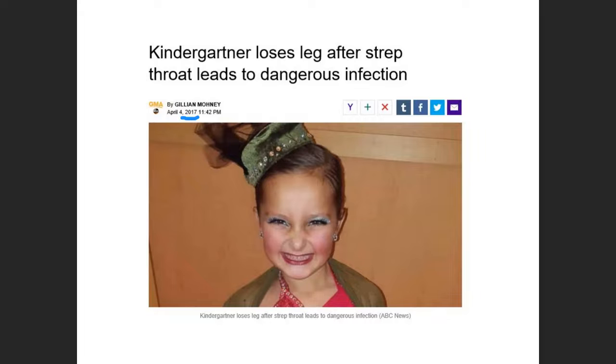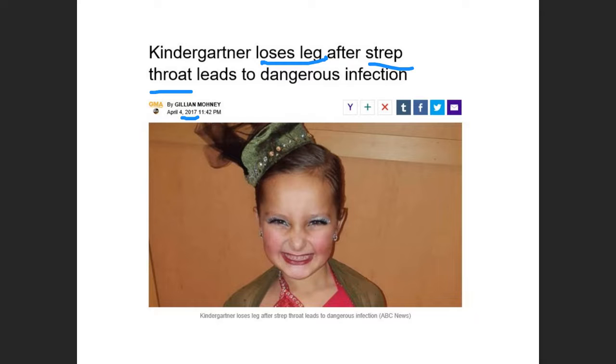She was about 4 or 5. She had strep throat caused by this bacteria, and somehow the bacteria spread into the blood and got into her skin, and she ended up getting this necrotizing fasciitis, and she unfortunately lost her leg. She didn't die, but she lost her leg as a result of this.